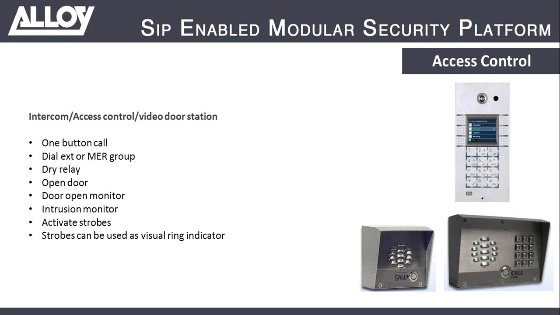If you're looking for audio only, we can go down to the CyberData. But again, these devices all include dry relays for electronic door lock opening and closing, intrusion monitor, the ability to activate strobes. There's a number of sophisticated ways these boxes can be configured, but underneath all of that, they're a SIP device enabling two-way communication over a SIP platform.